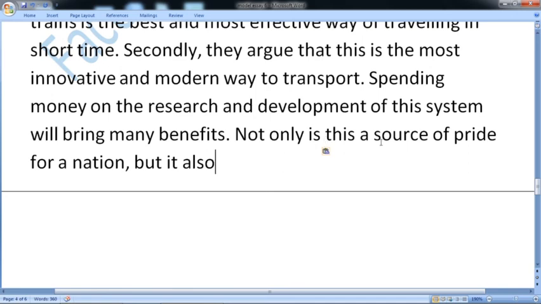Not only is this a source of pride for a nation, but it also gives opportunities for employment.